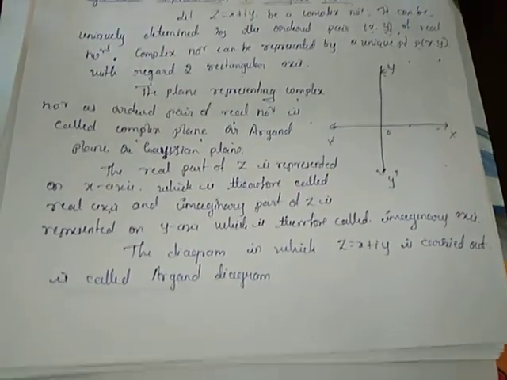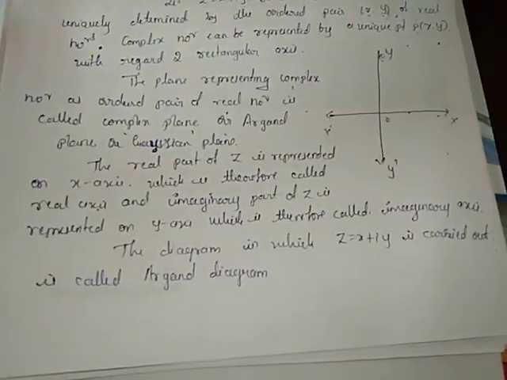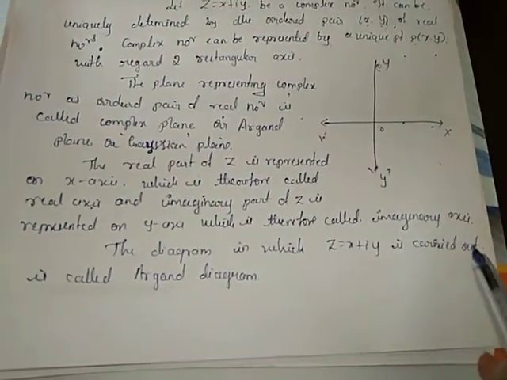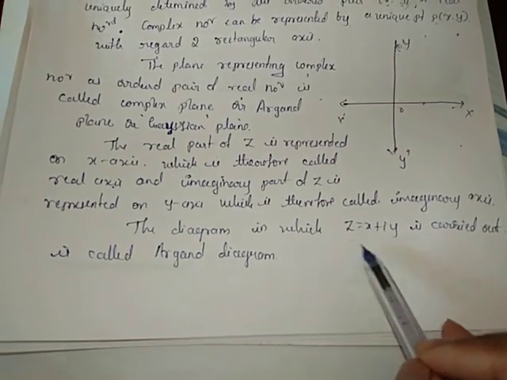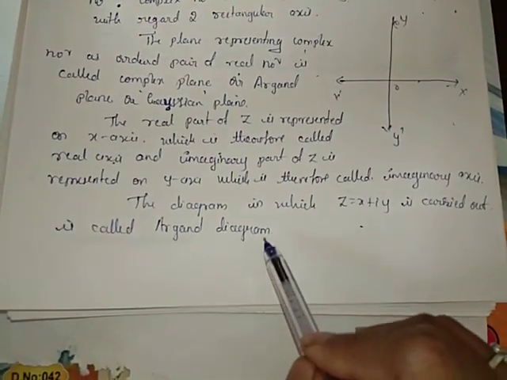Means the diagram which is carrying z equal to x plus iy is called an Argand diagram.